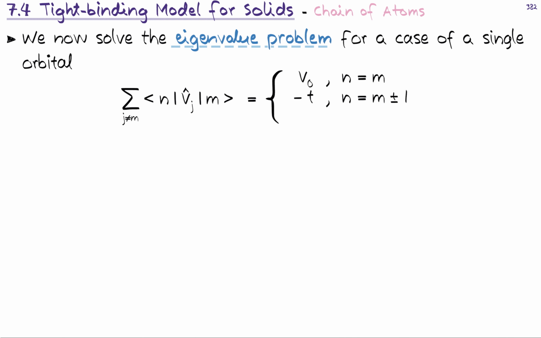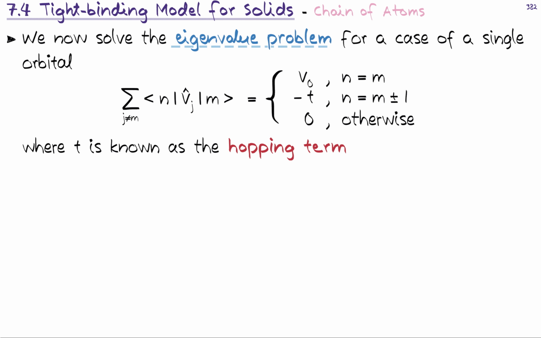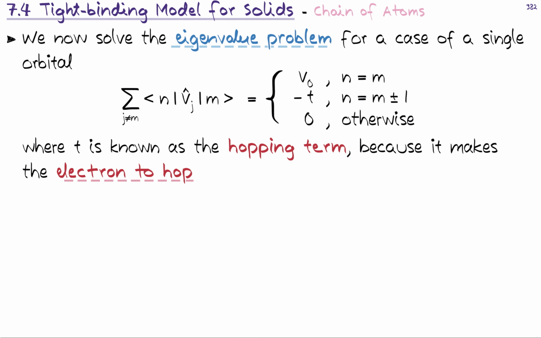So it's a coefficient minus t, and this is known as a hopping term, and physically that gives us a possibility that the electron state would move around to an adjacent atom. And otherwise we assume that the potential operators are zero, so nothing much happens. So the t parameter is known as a hopping term because physically it means that this electron state can hop around. It can move from the nth atom to the adjacent atom, so n plus 1 or n minus 1.